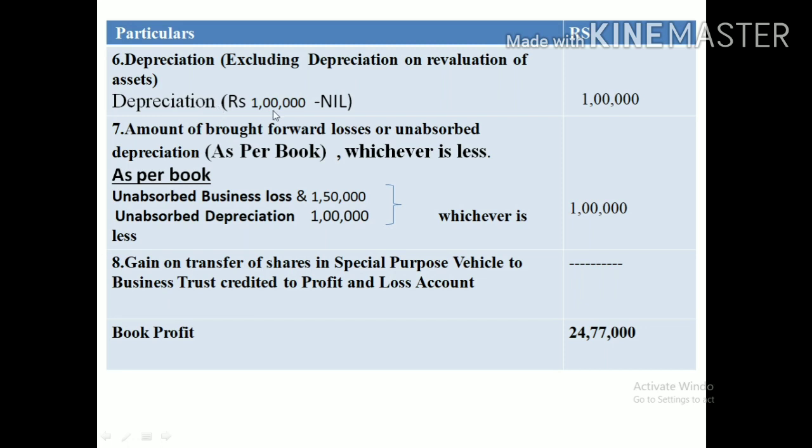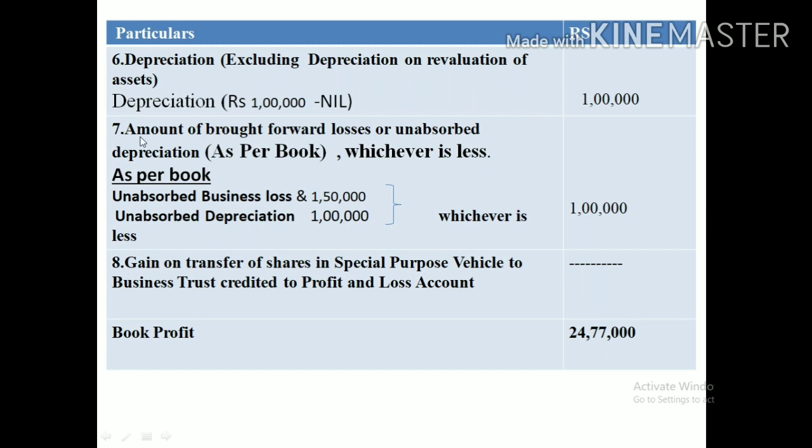Take depreciation as per profit and loss account 1 lakh minus depreciation on revaluation. There is no information about depreciation on revaluation in this problem, so I showed nil. So the net amount is 1 lakh.